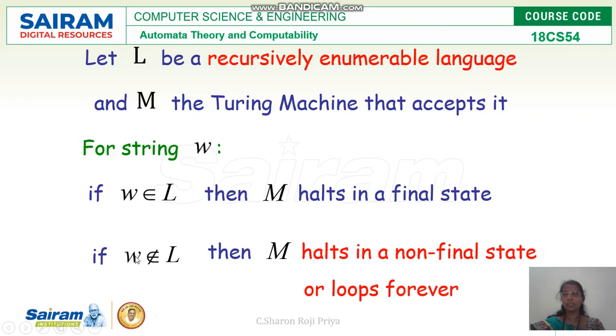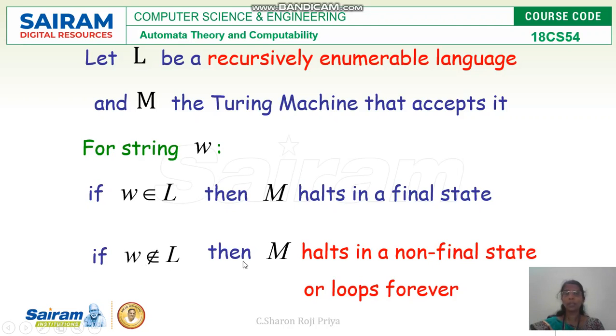If W does not belong to the language L, there are two possibilities. My Turing machine will be in a non-final state. It cannot reach the final state since it is an invalid input.